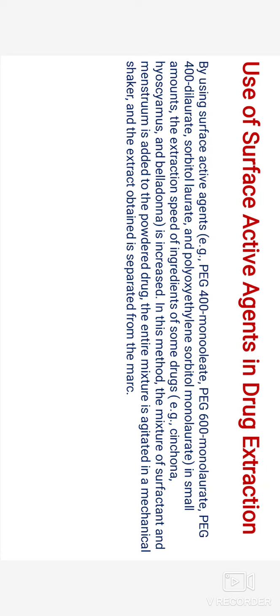In small amounts, the extraction speed of ingredients of some drugs, for example cinchona, hyoscyamus and belladonna, is increased. In this method, the mixture of surfactant and menstruum is added to the powdered drug. The entire mixture is agitated in a mechanical shaker and the extract obtained is separated from the marc. Okay, these are the surface active agents used in drug extraction.